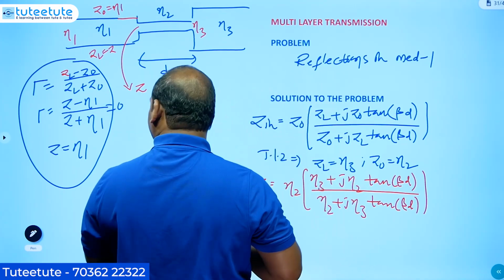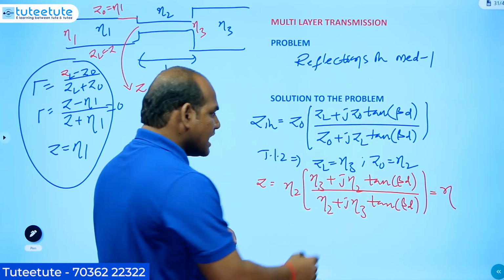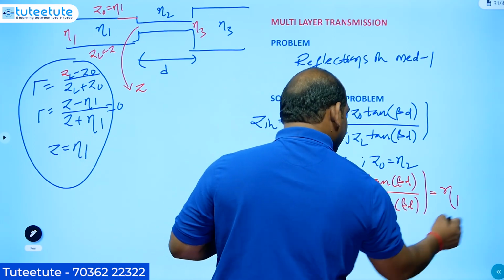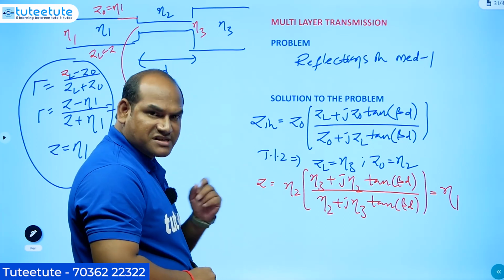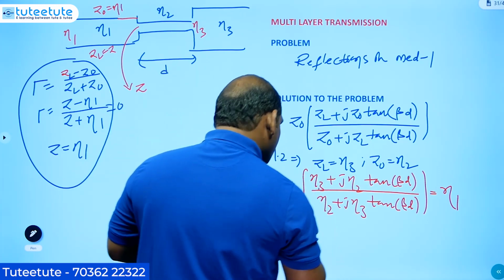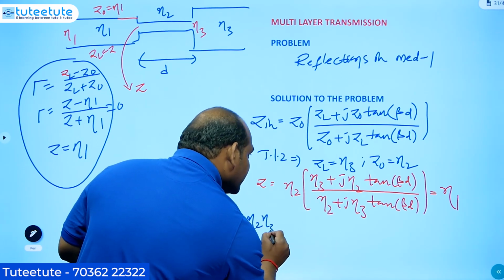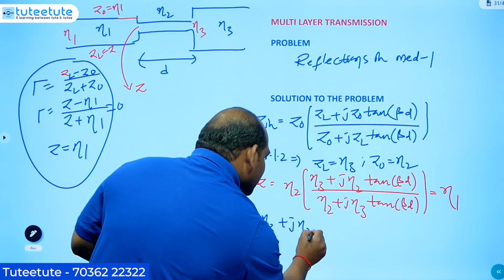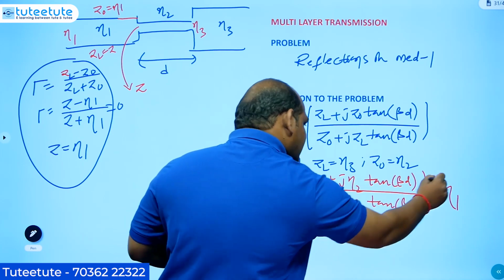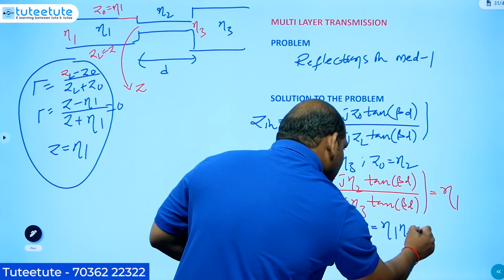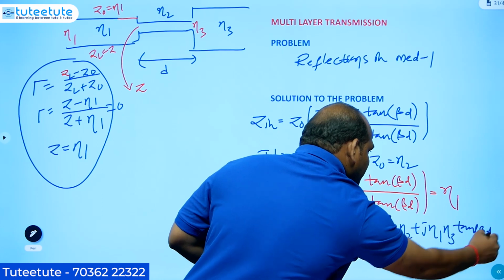Just cross multiply these two and equate real and imaginary values. Cross multiplying, eta 2 eta 3 plus j eta 2 square tan beta d is equal to eta 1 eta 2 plus j eta 1 eta 3 tan beta d. This is what we got.